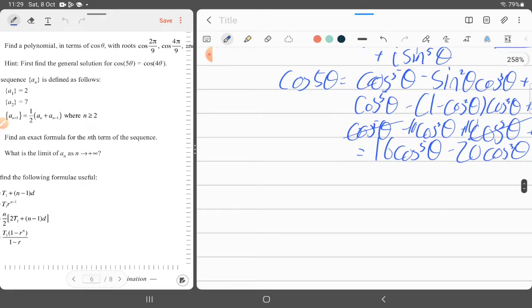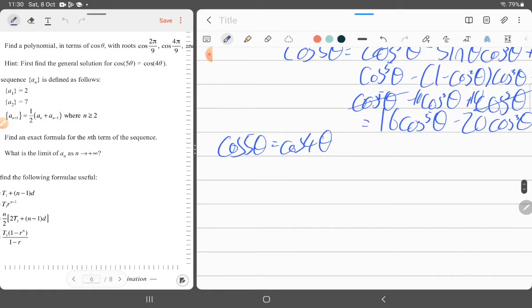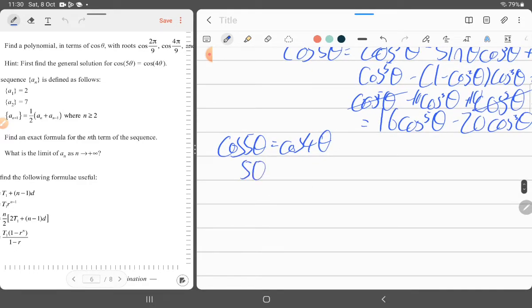Cosine 5 theta equals cosine 4 theta. 5 theta is equal to 2 n pi, wait, was it minus or plus?